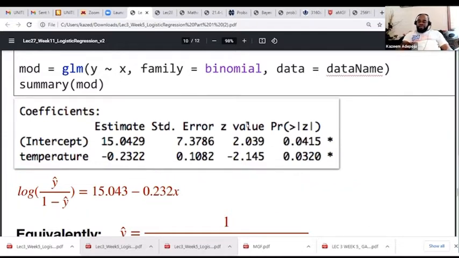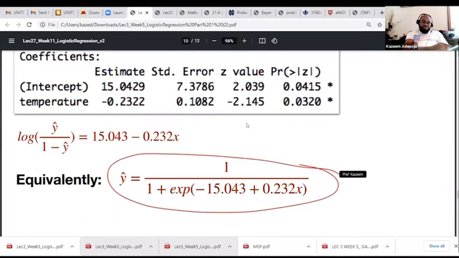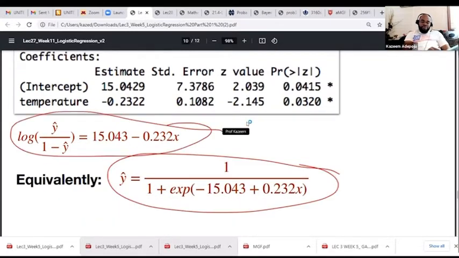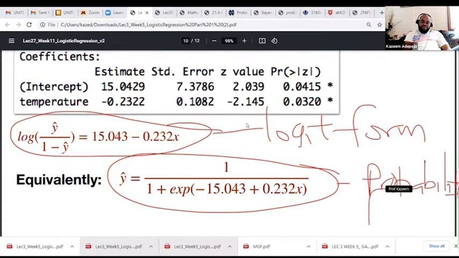Now, the probability form of that is this. Look at that, I told you we have two forms. This is the logit form, and this is the probability form. I told you the other time when I started, there's a connection between odds, the log of odds, and probability.